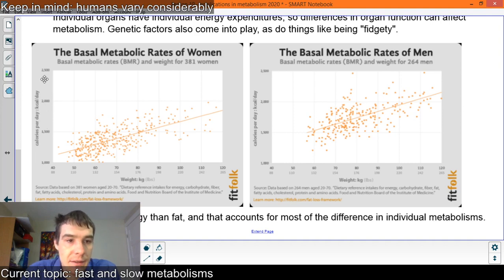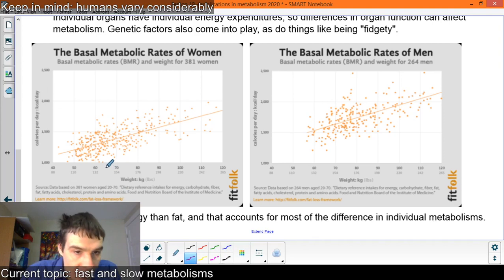You can see, for example, that this woman here has a mass of about 62 kilograms, a little bit past 60, and her basal metabolic rate is 1,000 calories per day.